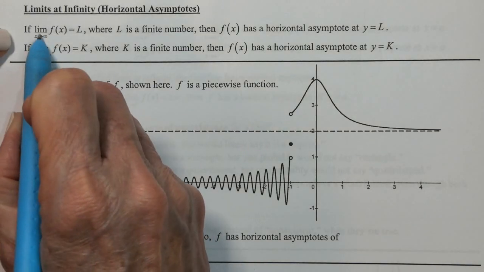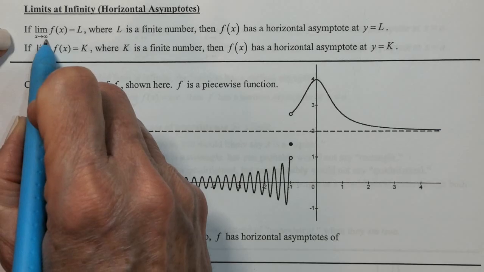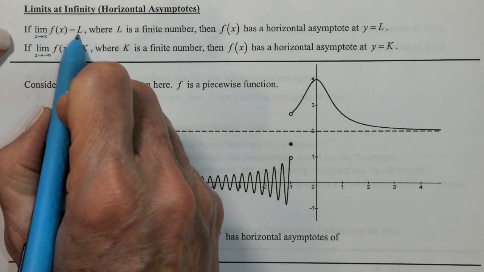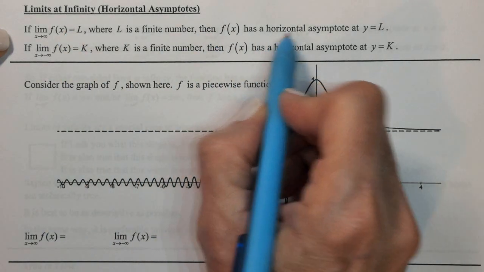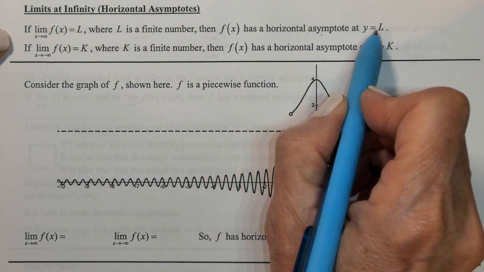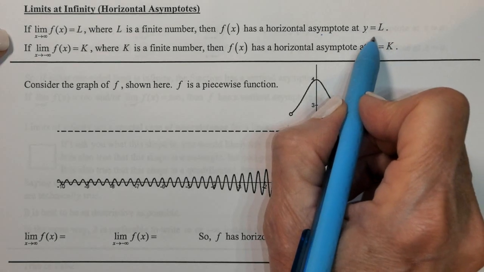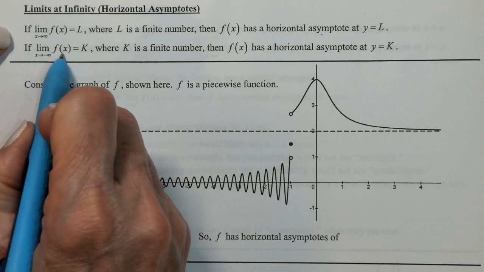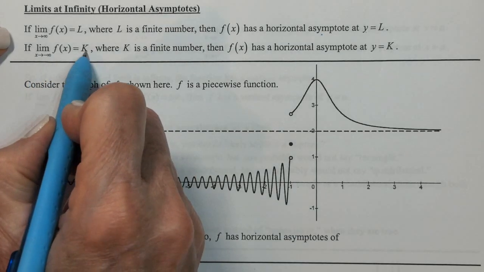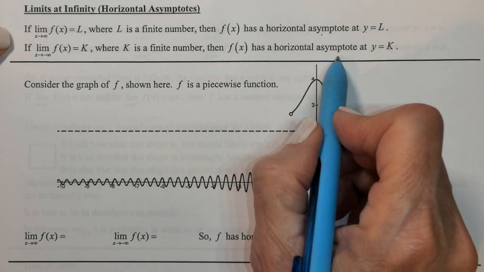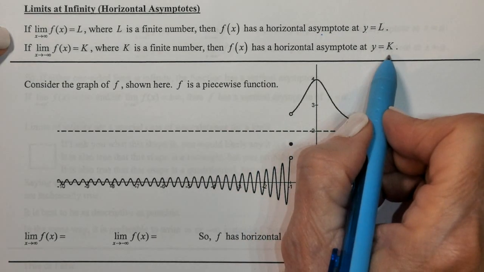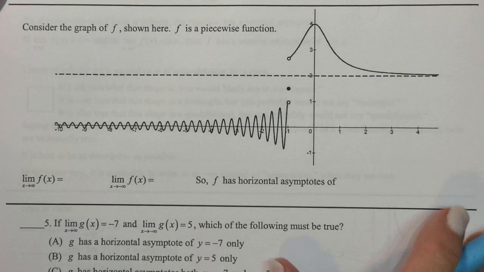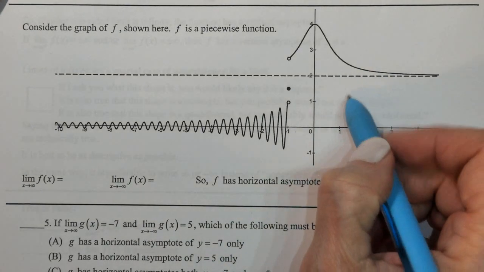If the limit as x approaches infinity of a function is a finite number, then f has a horizontal asymptote of y equals that finite number. If the limit as x approaches negative infinity of a function is a finite number, then that is another horizontal asymptote, y equals k.